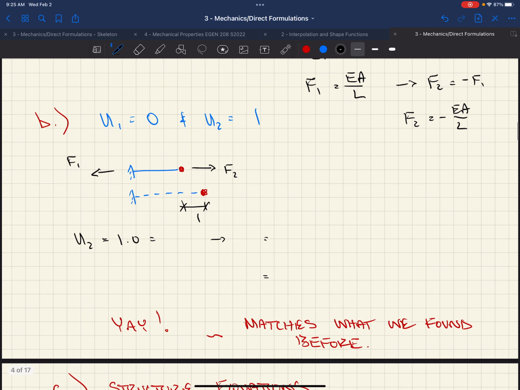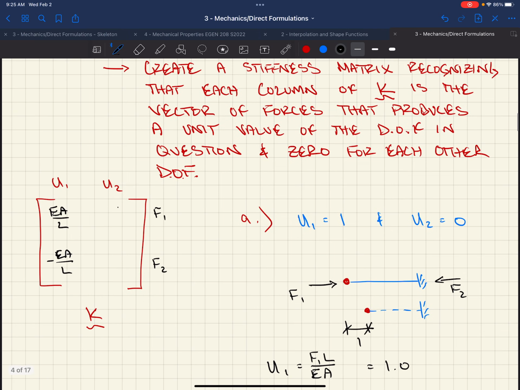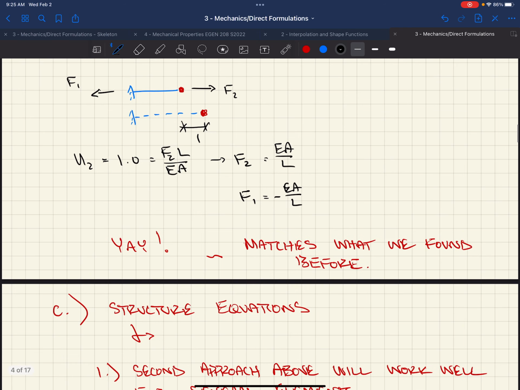Similarly, now we have F2 L over EA. F2 is EA over L, and F1 we know is negative EA over L. Beautiful, negative EA over L and EA over L. If we pulled our constants out, EA over L, our K matrix matches what we found before, which is good.